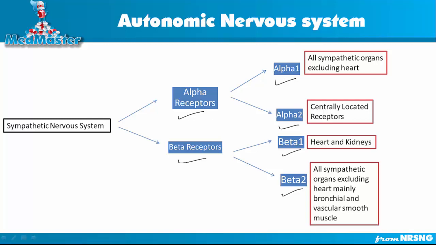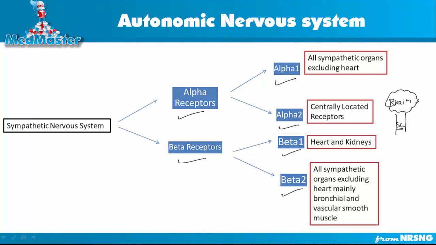Alpha 2 receptor, now this is kind of tricky. Alpha 2 receptors are located in the central nervous system only, they are not present in the peripheral nervous system. So their neurons extend to the central nervous system, up to the brain and spinal cord only.